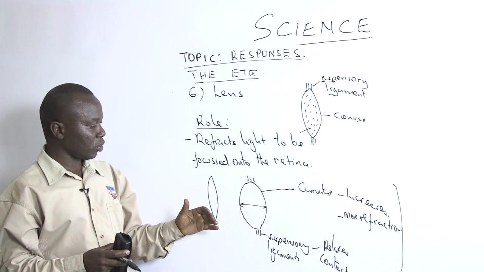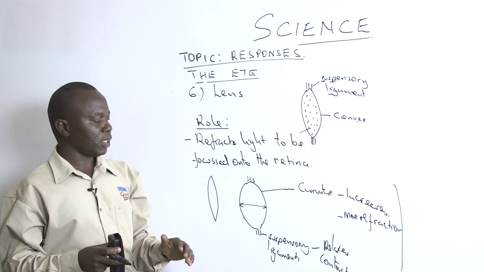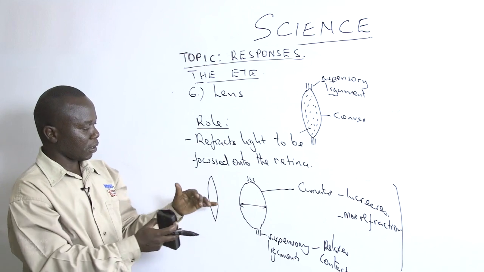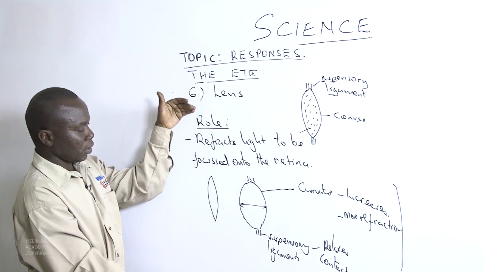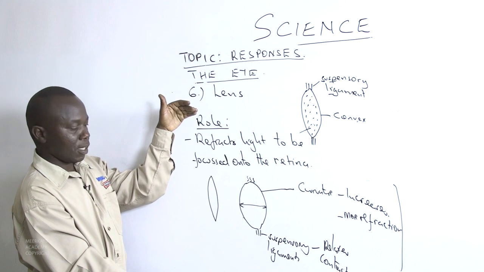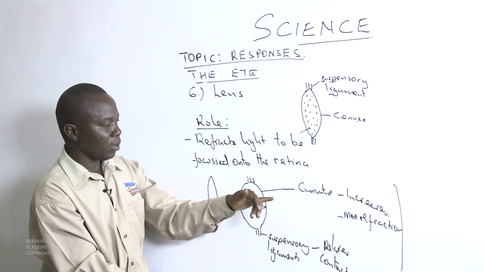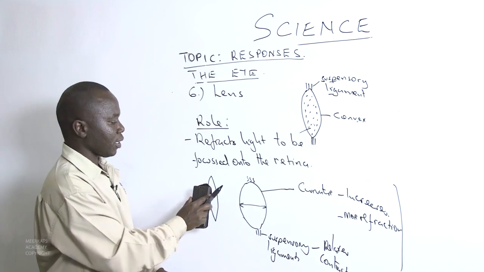If, for example, you are focusing on a distant object, an object on the horizon, that's what happens. The suspensory ligaments contract, the lens lengthens, the curvature decreases and there will be less refraction. Light falls onto the retina.